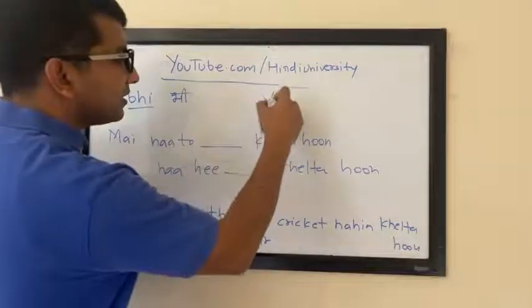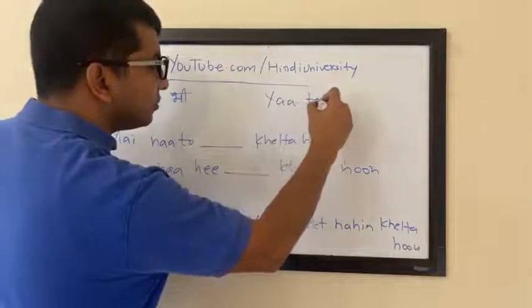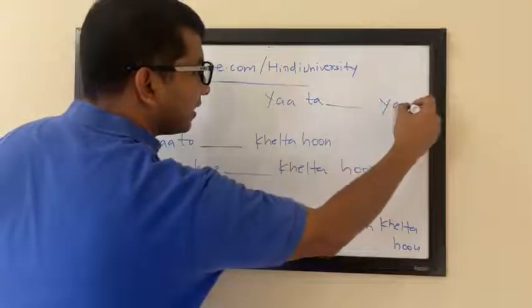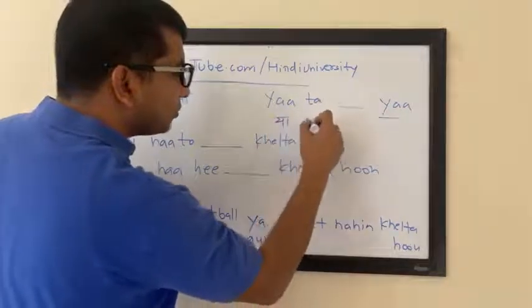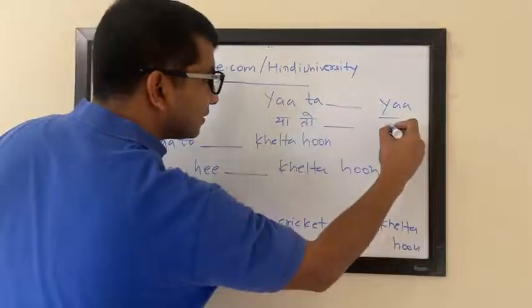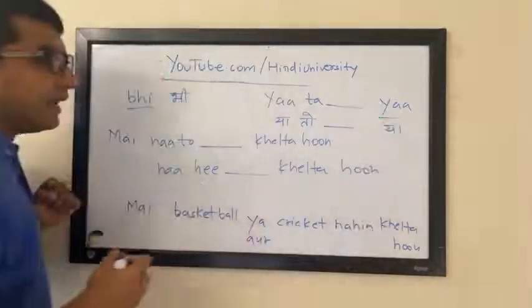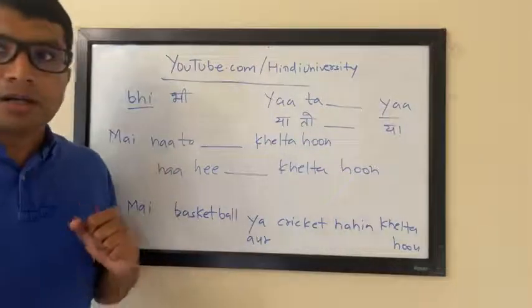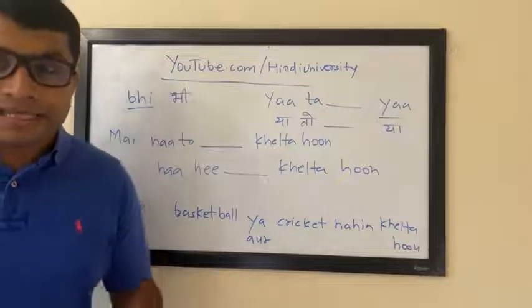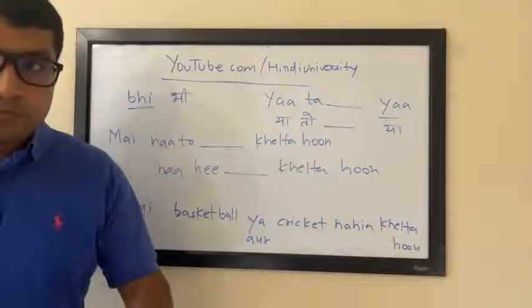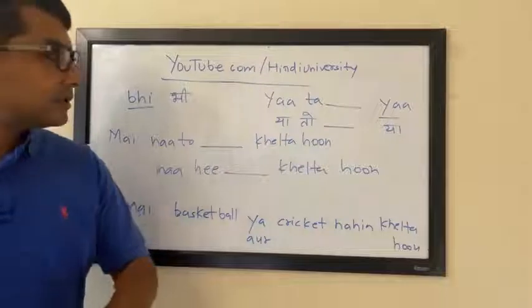It's like the same construction that we did, ya to, either, ya. I don't know if you guys recall, we did that before. So it's ya to, either, या तो मैं इटालियन खाऊंगा या मैं फ्रेंच खाऊंगा, फ्रेंच खाना खाऊंगा. Either I'll eat Italian food or I'll eat French food.